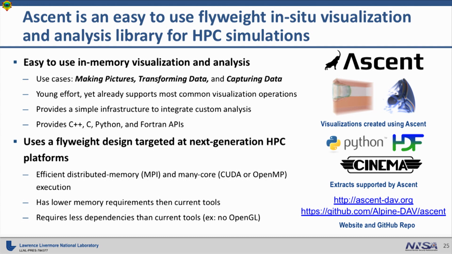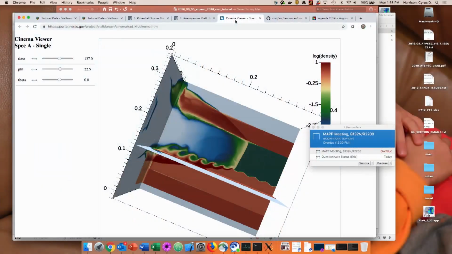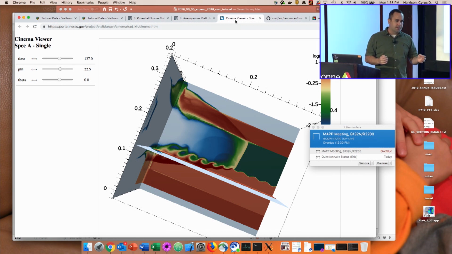We talked about Cinema, and I'll show you something so you can understand what it is a little bit more. Cinema is one of our extracts in a sense. You can also write them out with VisIt. Silvio described it: it renders a whole bunch of pictures, so you can think of making an image database of a whole bunch of different angles throughout time. What you can get from that is a pseudo-accurate 3D view of things.